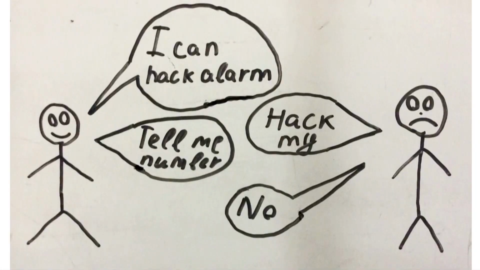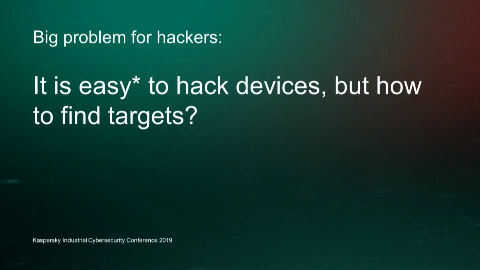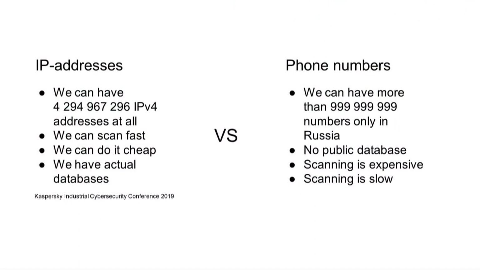And with a massive attack, we're just trying to hack whatever we can and then monetize it in some massive way. It's easy to hack the device because we can call from a specific number, it's easy to automate. But how do we find the target for our attack?